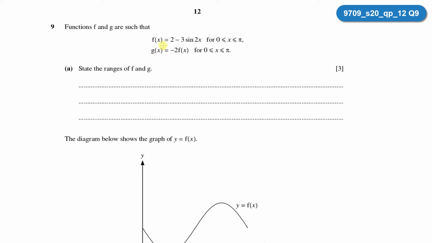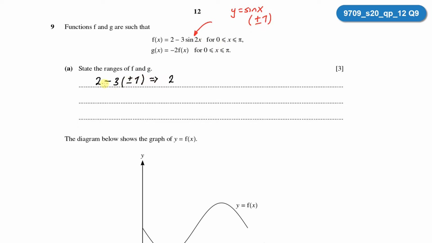Now for the function f of x, you look at the function sine, and we know that for the graph y is equal to sine x, the range for y is plus and minus 1. So when we have now 2 minus 3 sine x, it means the range will now be 2 minus 3 of the range of sine x, which is plus and minus 1.